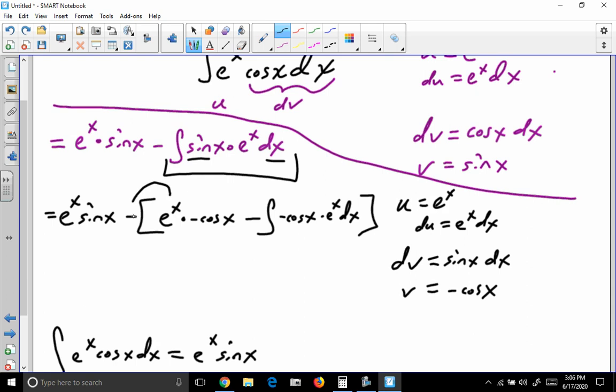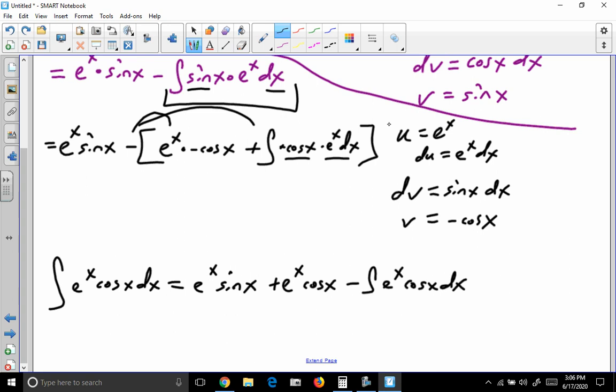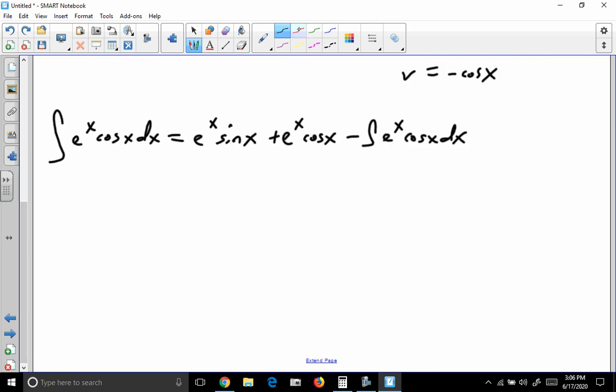Minus a negative makes a plus e to the x cosine x. When we distribute that, that'll make a minus the integral of e to the x cosine x dx. Wait a minute, that's exactly what we had to begin with.